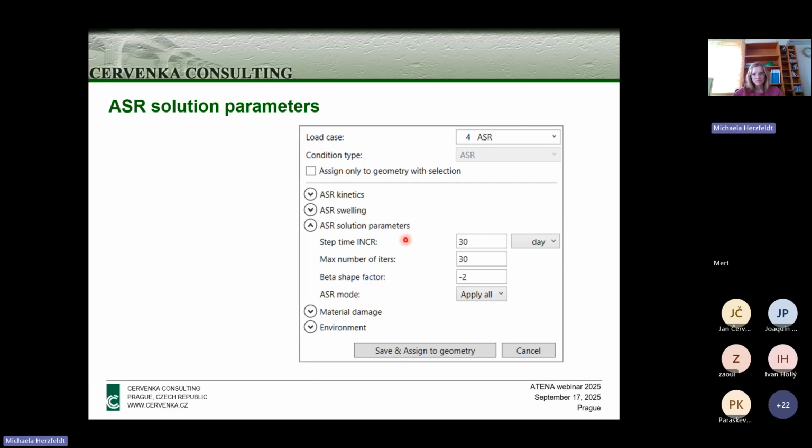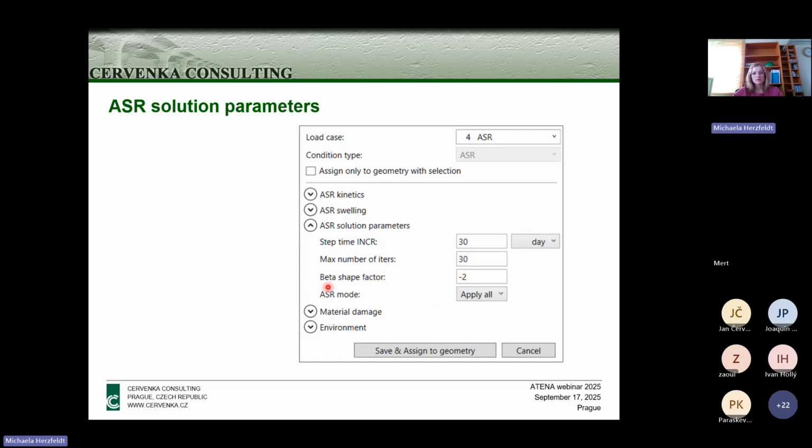During the preprocessing, there are also, for numerical purposes, some other parameters like the step increment. That is something that is related a little bit to those characteristic and latency times. And ATENA is reducing it: if it is too high, ATENA will reduce it automatically in the background. The iterations are something that usually it's not necessary to increase.